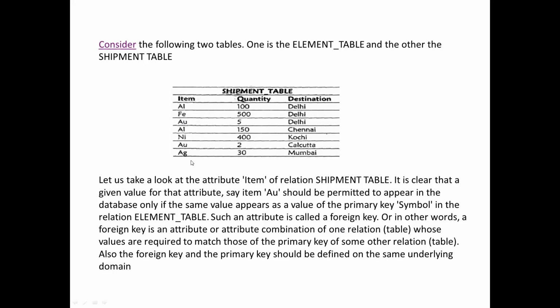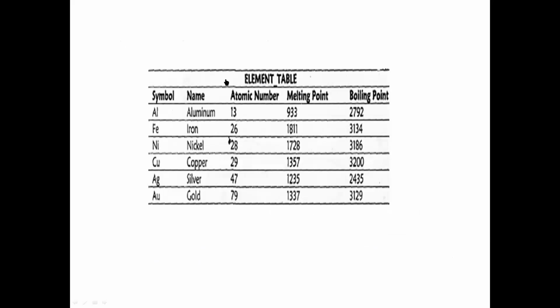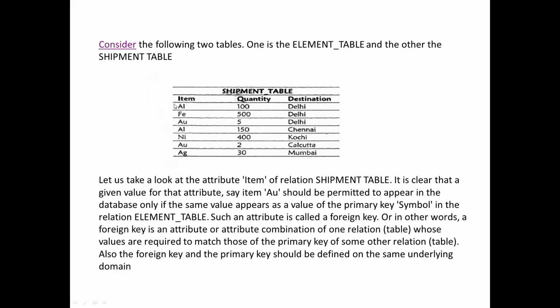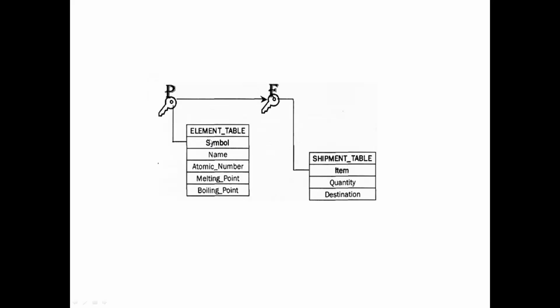So this value should be from the element table. All right, and here also this value should be from the element table, the symbol, right? We should insert only the symbol here and here also. So what are the primary key and foreign key relationship?